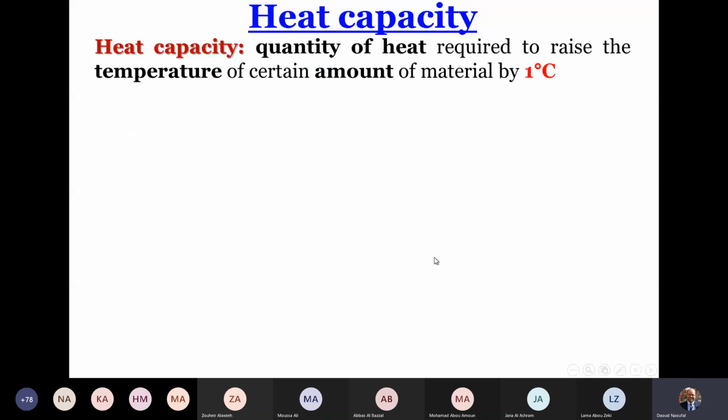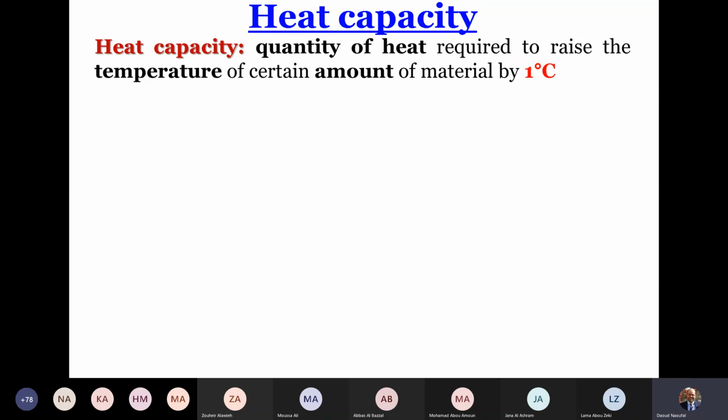We pass to the most important definition. What is the heat capacity? By definition, the heat capacity of a system is the energy required to increase the temperature of a certain amount of this material by 1 degree Celsius.